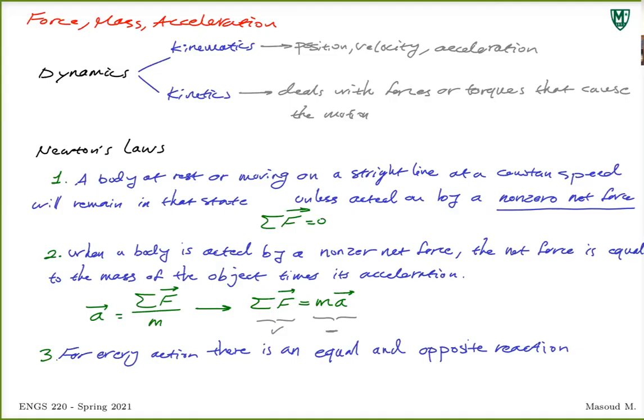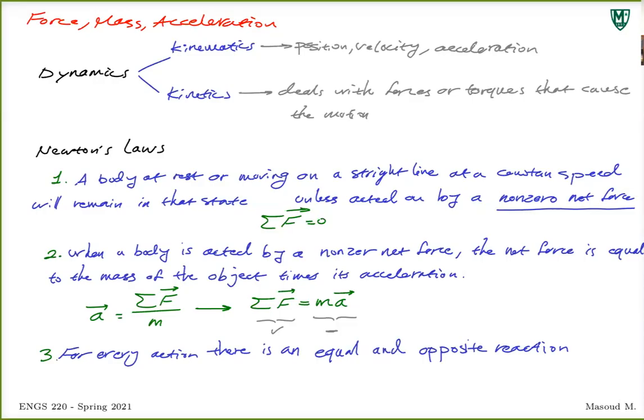Then we started looking into kinetics, and we said kinetics adds what causes the motion in an object, or in a rigid body, or in a particle as a kind of idealization of an object. So when we take into account kinetics, it means we are also looking into what is causing the motion in an object.